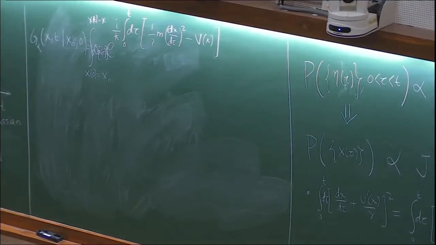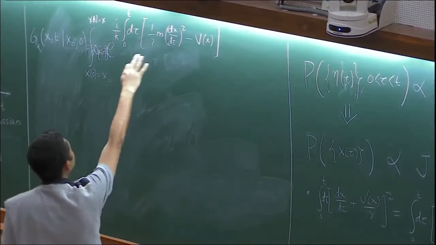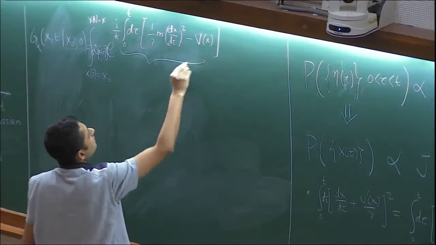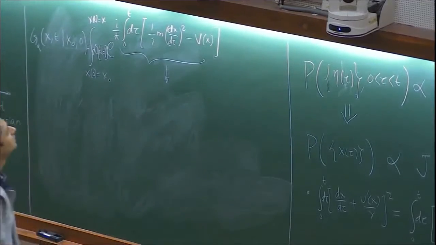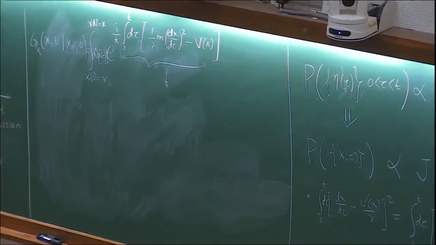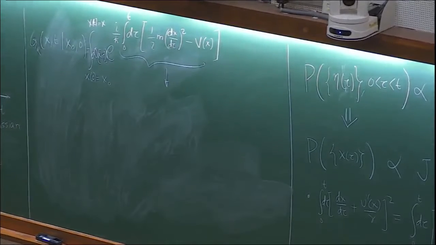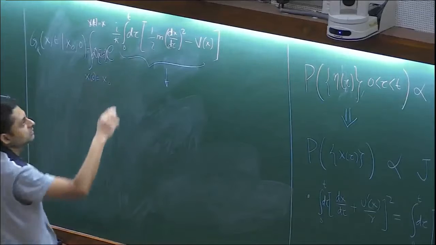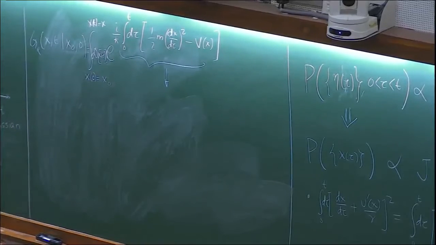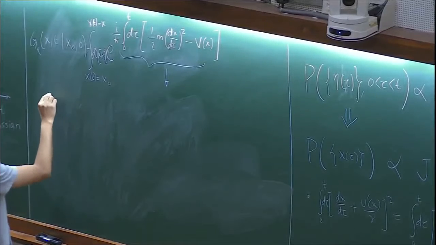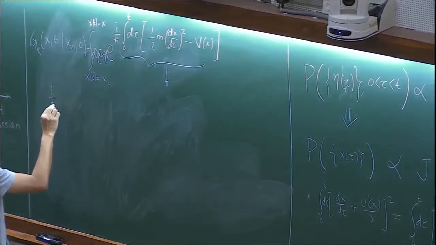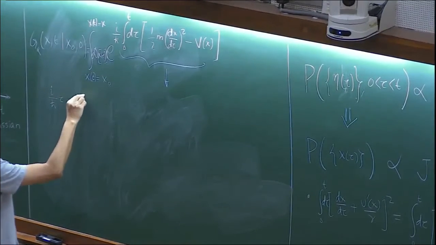Okay. So now let's look at the inside thing. Because tau is just a dummy variable, I make a change of variable and call i by h cross tau my t prime.